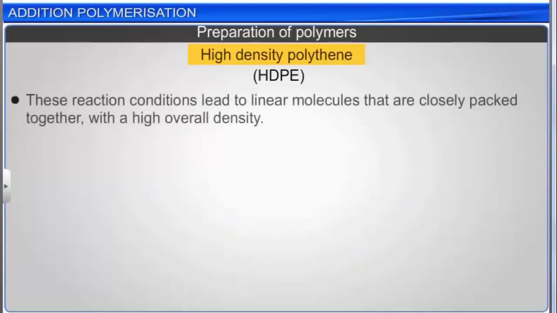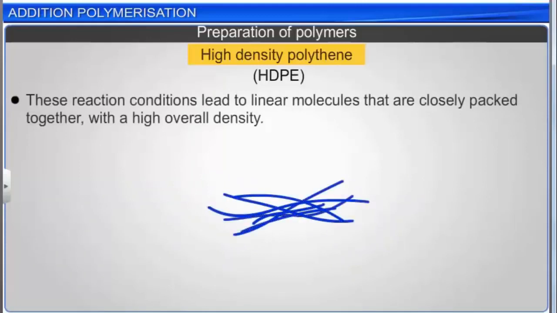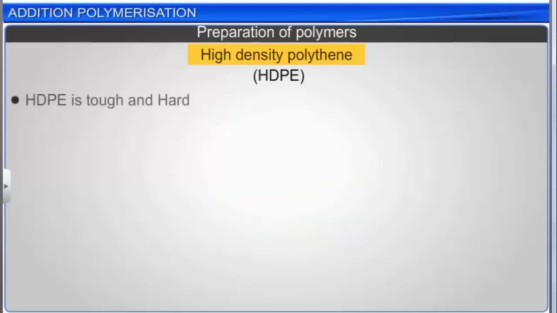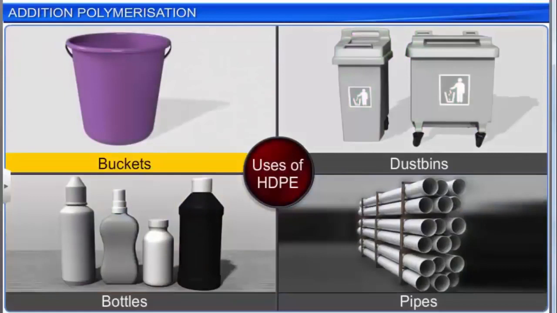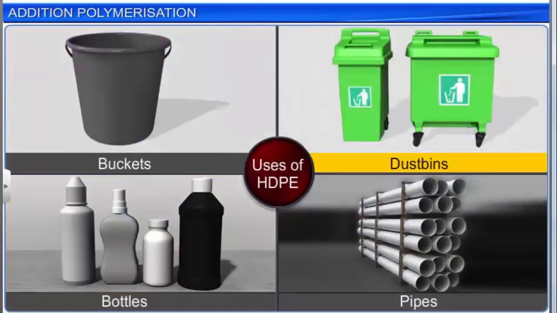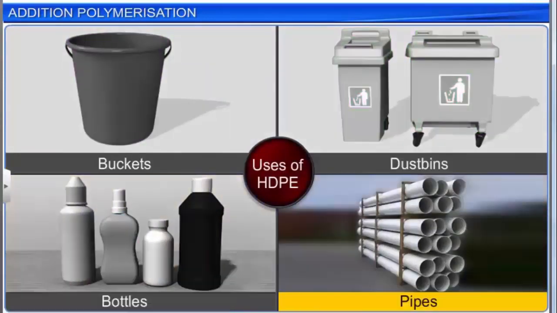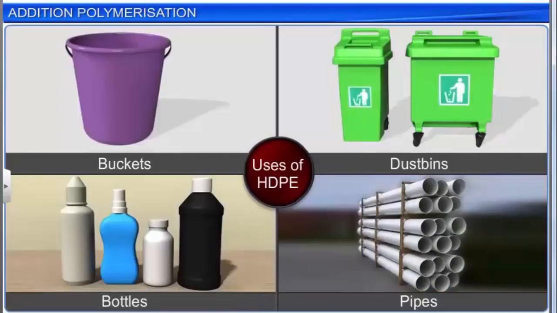These reaction conditions lead to linear molecules that are closely packed together with a high overall density. HDPE is tough and hard. It is used to make buckets, dustbins, bottles and pipes, among other things.